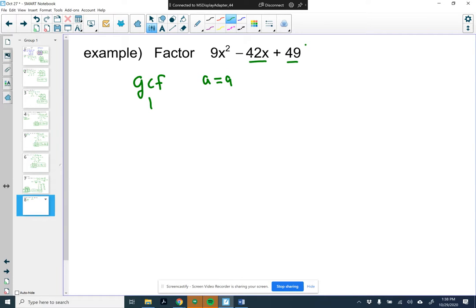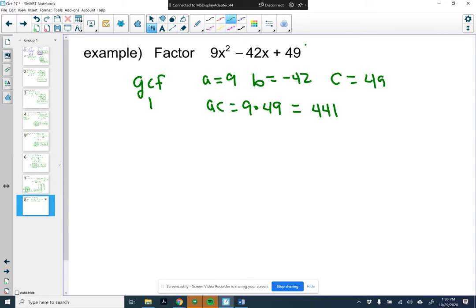Okay, A is 9. It's the coefficient of x squared. B is negative 42. It's the coefficient of x to the first power. And C is 49. Okay. We're going to do A times C. 9 times 49, which is 441.